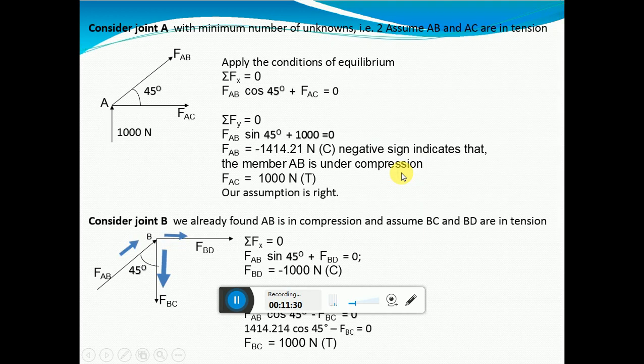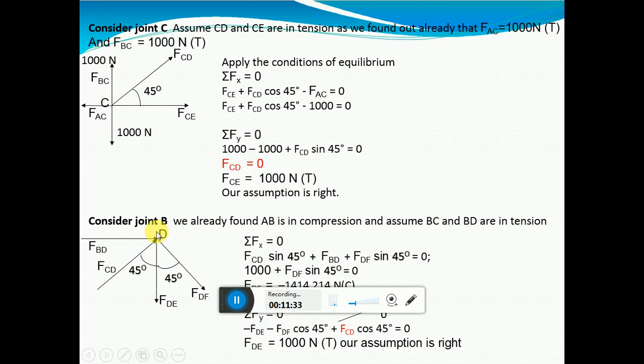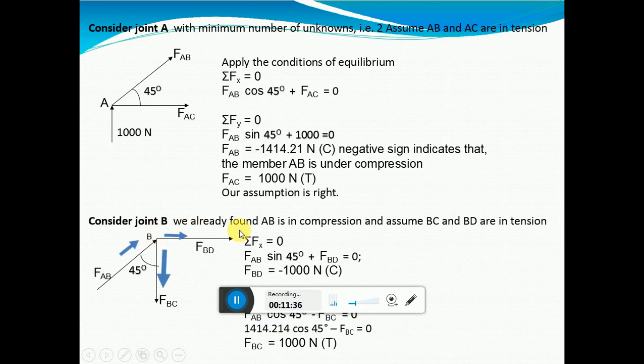So next, considering the joint B. Sorry. We have already found out AB is in compression. Assume BC and BD are in tension. Now apply summation Fx is equal to 0. That is FBD plus... This is in y direction, not considering it in the x, summation Fx.